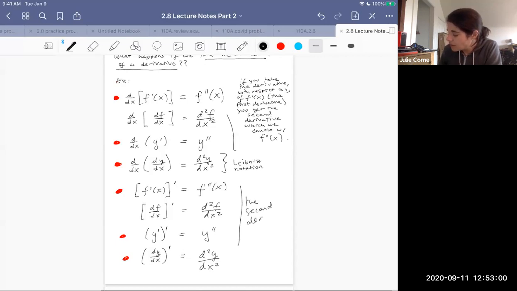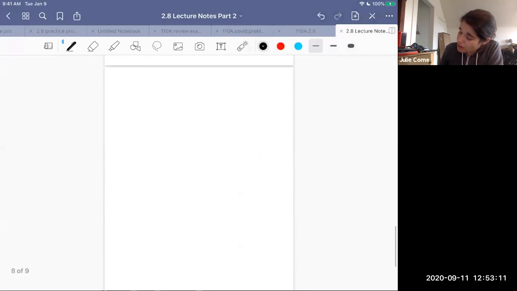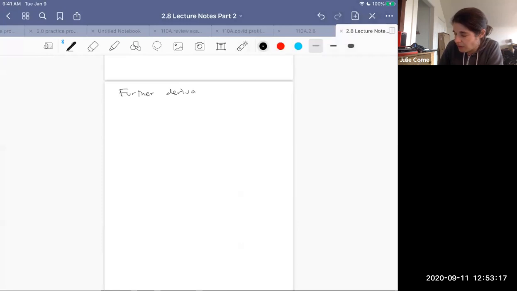Now, we don't even have to stop with the third derivative. We can talk about the fourth derivative, the fifth derivative, etc. And just so we understand the notation in general, I'm going to simplify things here by just using a couple notations. If I have f with a little 4 here, x, this means the fourth derivative.